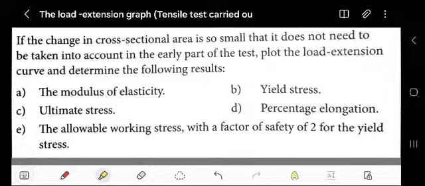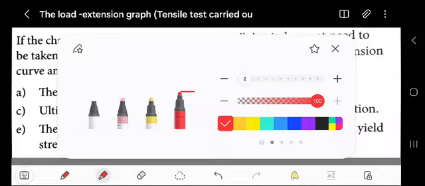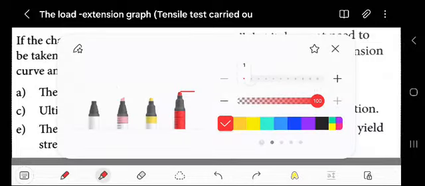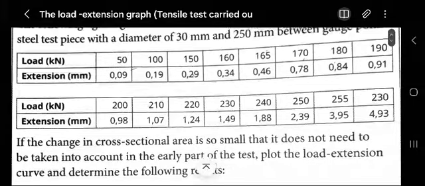To plot, let me check what scale I can use here. Okay, it's fine. We should plot. This is what we are given.